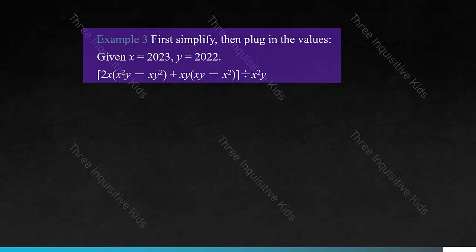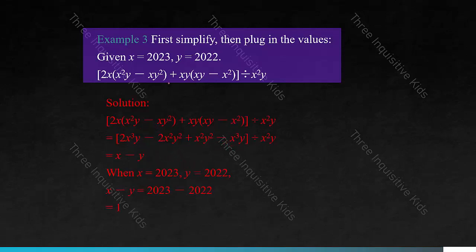Given that x equals 2023 and y equals 2022. First, we have to work our way from inside out. You can see that there are 2 parentheses on the inside of the brackets. So first we have to use the distributive property of multiplication to get rid of those parentheses. Now we have 1, 2, 3, 4 separate terms inside the brackets.